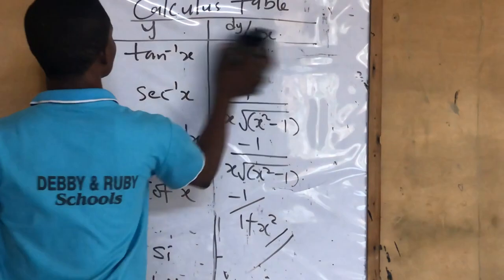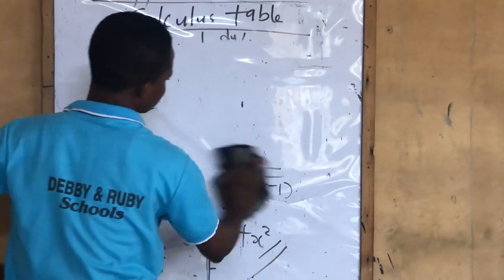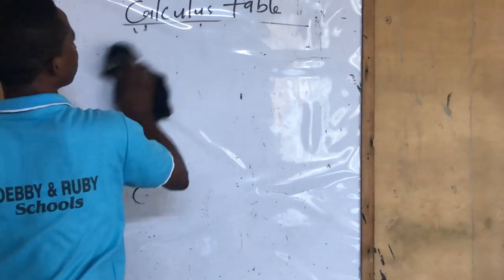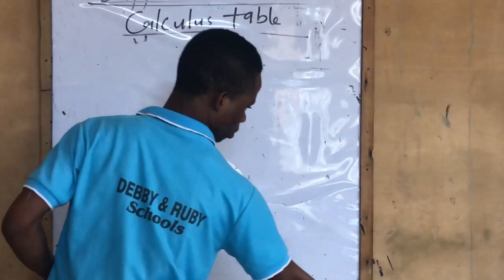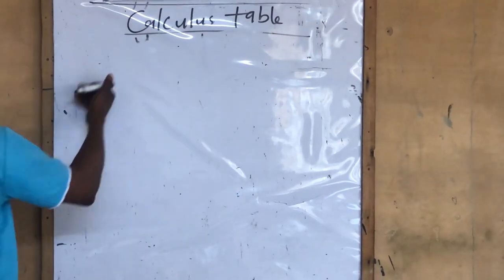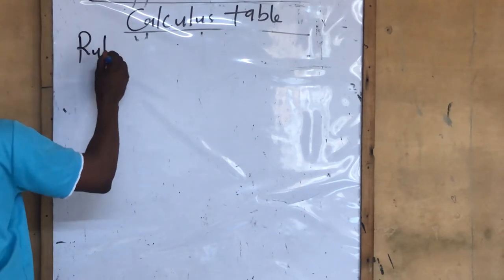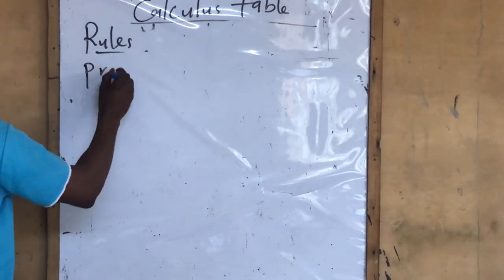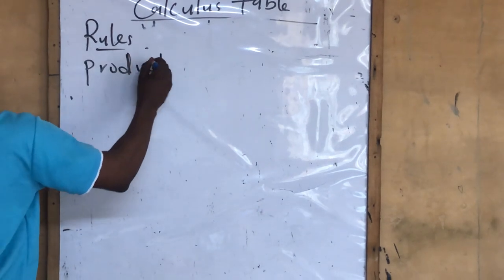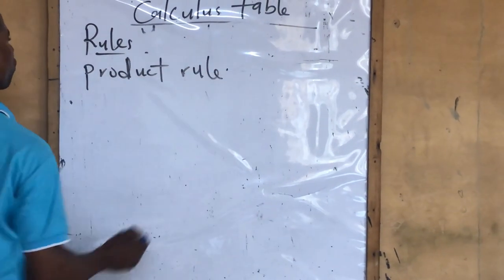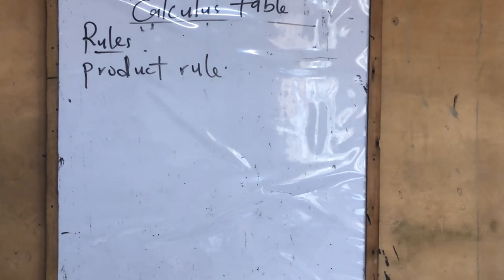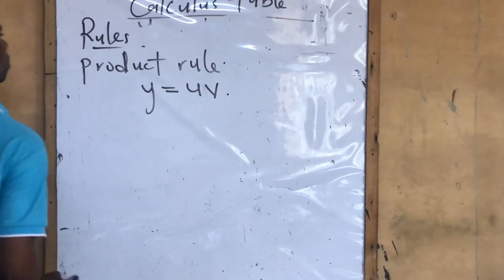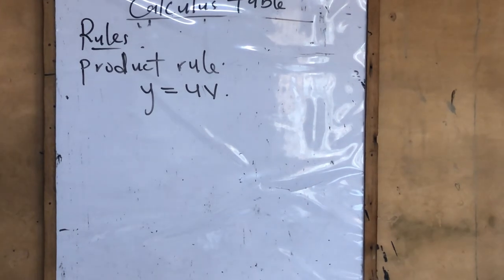And what are the rules? Number one, we have what we call the product rule. The product rule of differentiating in calculus is always like this: y equals uv.